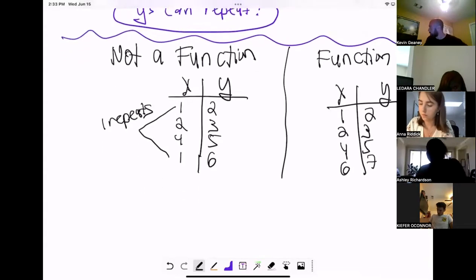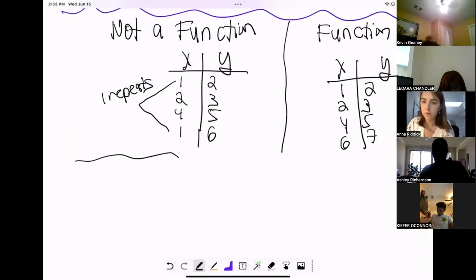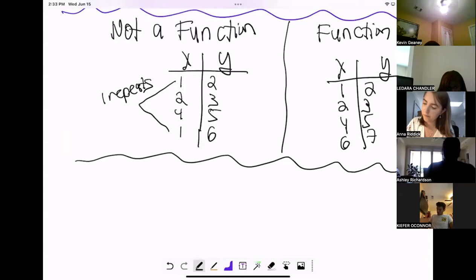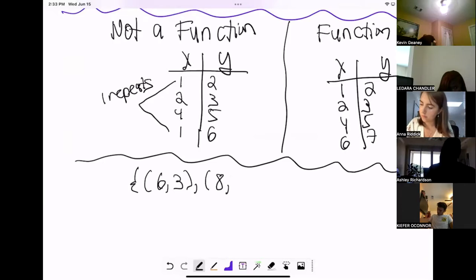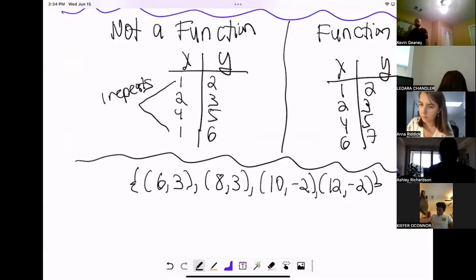And I want to show you one more. Let's do ordered pairs. Okay, so the question is, is it a function or not?